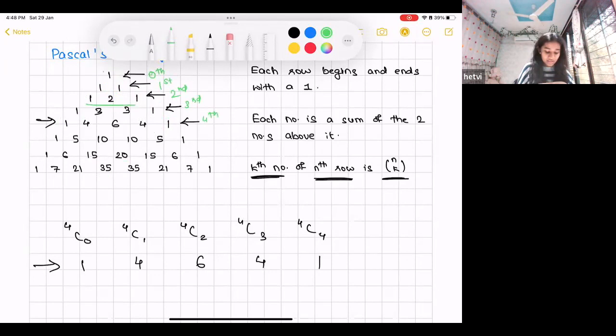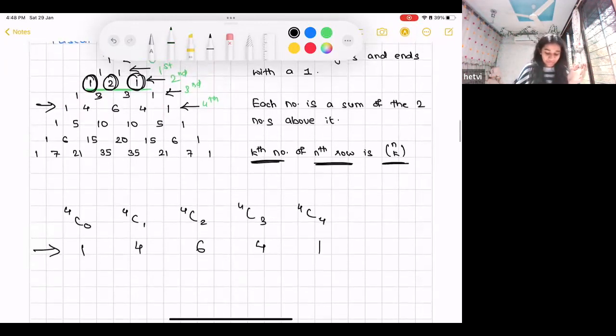Now, if we consider the second row, for example, it is 1, 2, 1. And again, since we started with the 0th row, the first number will be the 0th number. Then we have the first number and then the second number. So let's see, I'm erasing this.